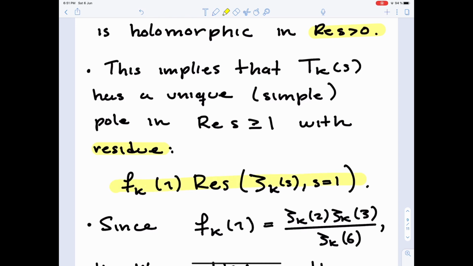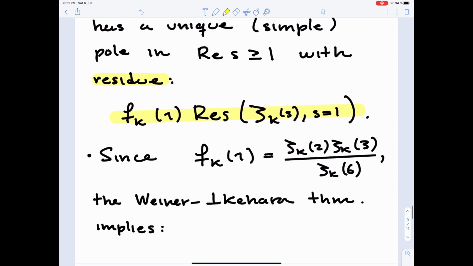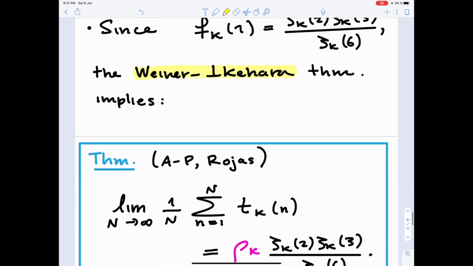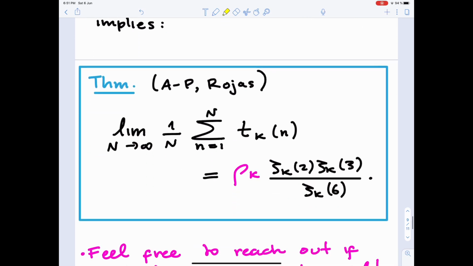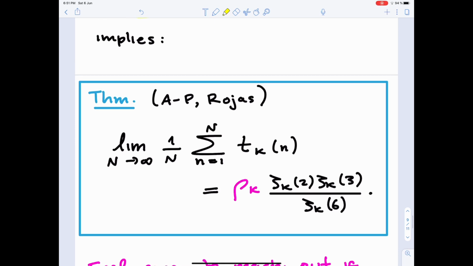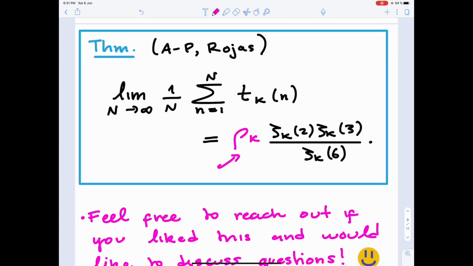So this is the residue of T at s equals 1. An honest calculation gives that f(1) is zeta(2) times zeta(3) over zeta(6). Applying once again the Tauberian theorem of Wiener and Ikehara, we recover the theorem of Erdős, Dressler, and Bateman, with the difference that we now have the residue of the zeta function, which in the case of the rational numbers was just 1.